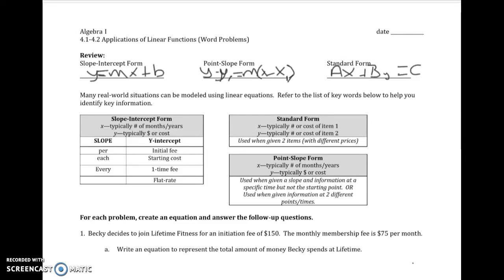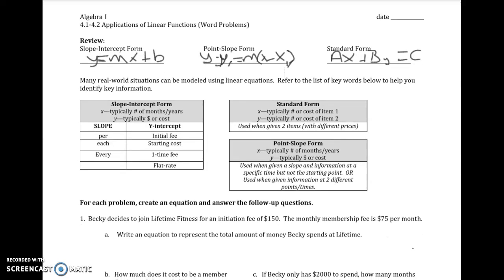So when we do problems that are word problems, what we're really trying to do is translate the problem into one of the three forms. So if we're in slope-intercept form, what we're going to look for is a rate, which is the slope.